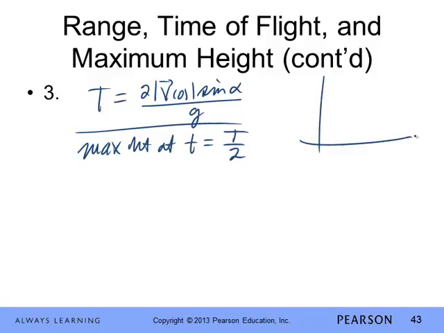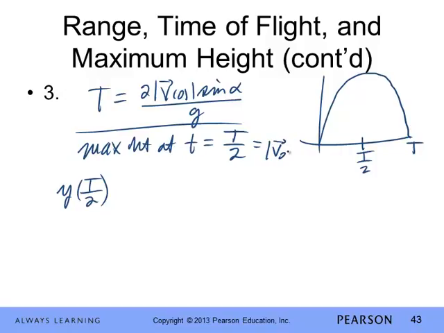If you look at that parabola, if it takes capital T seconds to go from the point of launch to where it hits the ground, then it should take T over 2 to get to its maximum height. So if you want to find the maximum height, you evaluate y at half of the time of flight, which is just the initial speed times sine of alpha over g.